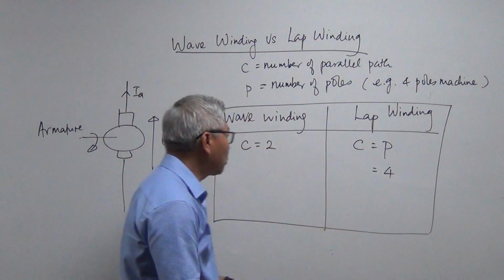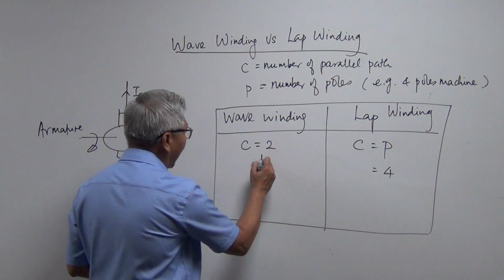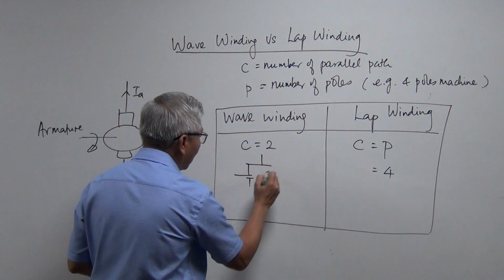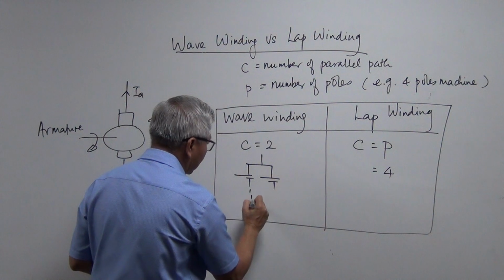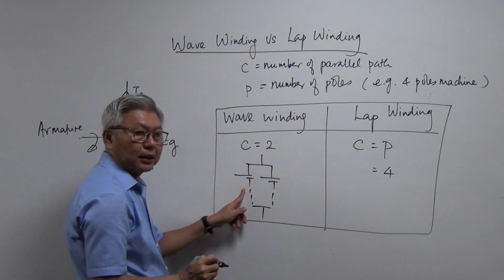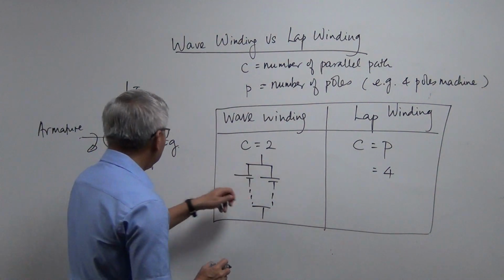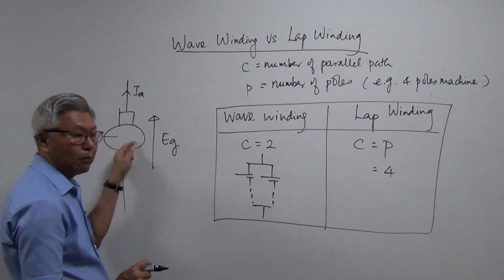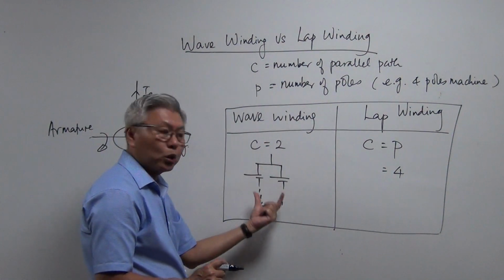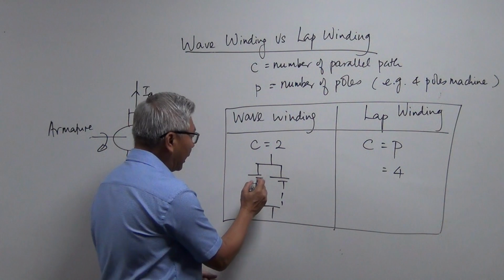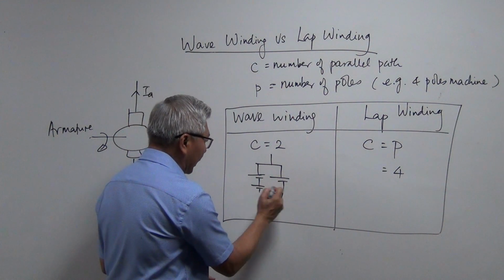Now basically that's what it means. If I have 2 paths, it means I'm going to have 2 parallel path circuits. That means the conductors inside this armature are organized in only two electric paths. And each battery here represents one conductor.